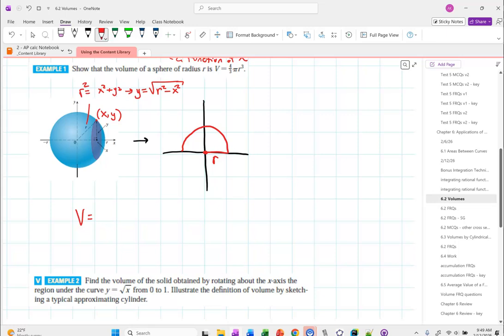Okay. So my cross-sectional area then is going to be pi, and then my radius here is y, right? And the squared will cancel the square root.